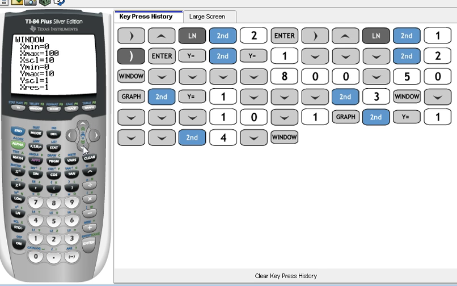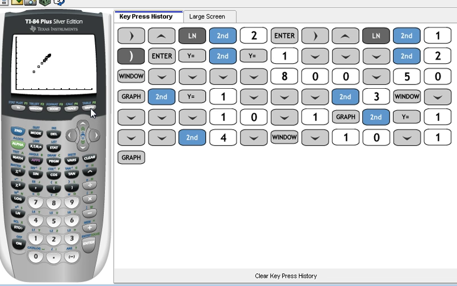The x-max will now need to be changed to 10 and the x-scale to 1. Now we graph the scatter plot of L4 versus L3, which is the natural log of x versus the natural log of y. And we've got a linear scatter plot.